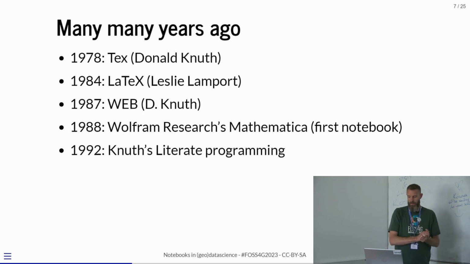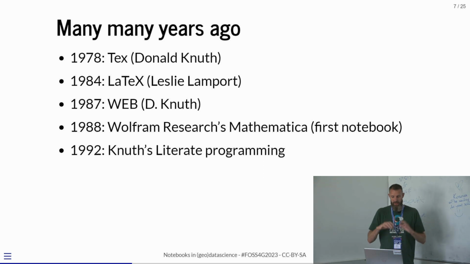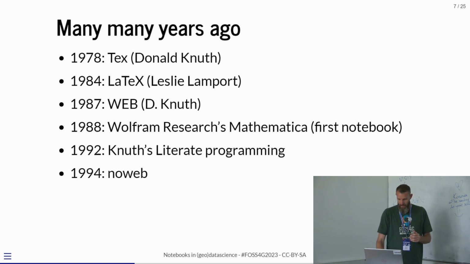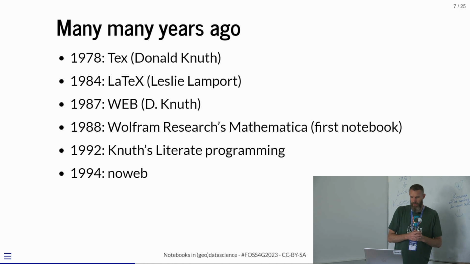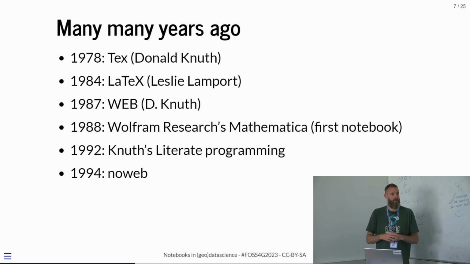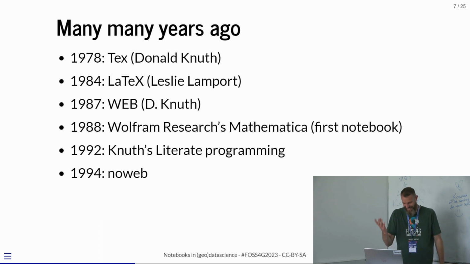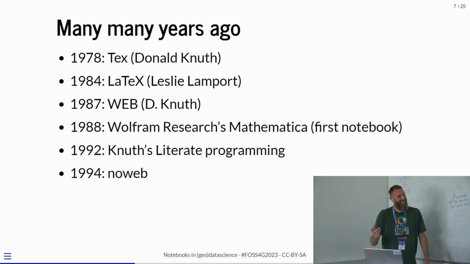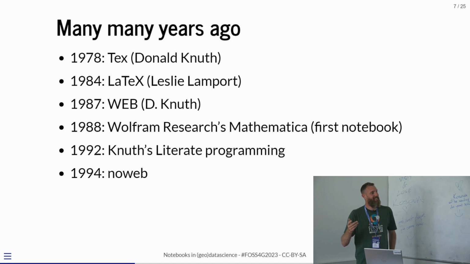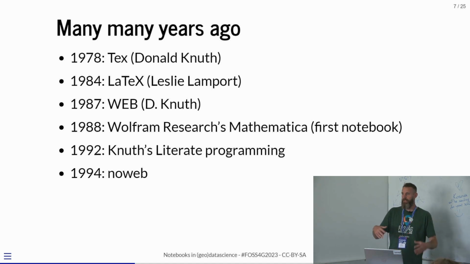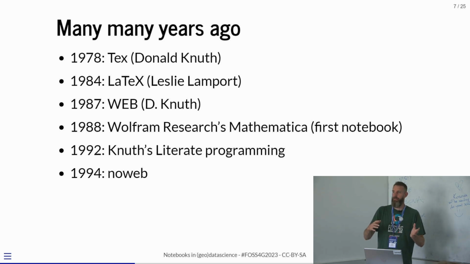In 1992, Knuth coined the term literate programming. In 1994, there was the creation of Noweb, which is not a fork, but another thing similar to Web, but not limited to Pascal.